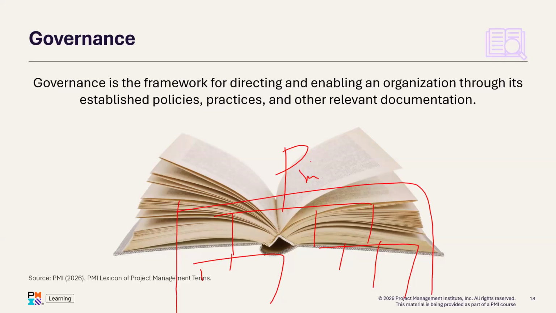But there is always a threshold, a limit of his or her authority. If he reaches that limit, who is next in line? Maybe programs manager. If the programs manager reaches his limit, who is next in line? Maybe portfolio manager.